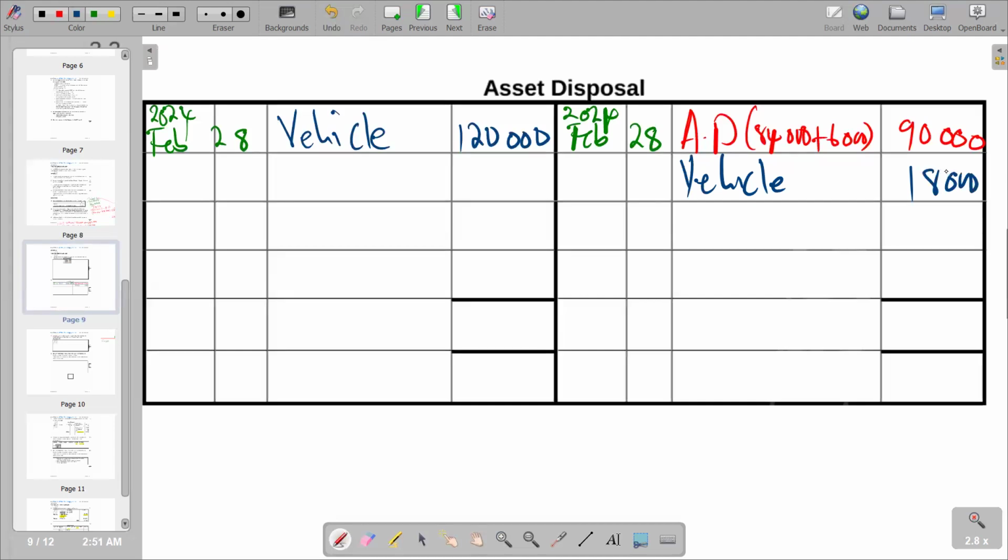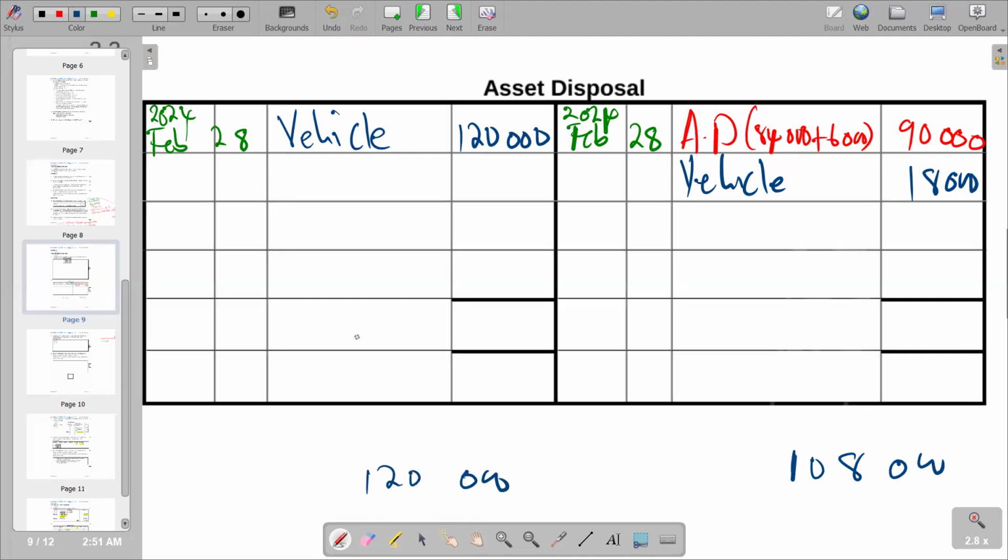From here, you can compare the debit and the credit to find out if it's a loss on disposal or a profit on disposal. After entering these three elements, you can see which side is greater. On the credit side, 90 plus 18 gives you 108,000, but on the debit we put 120,000.